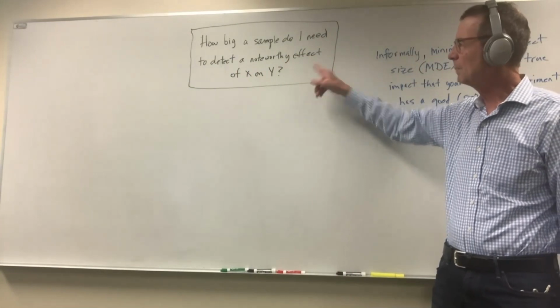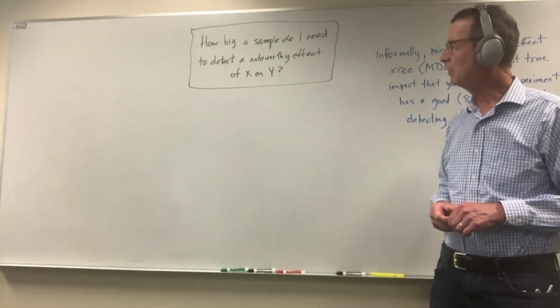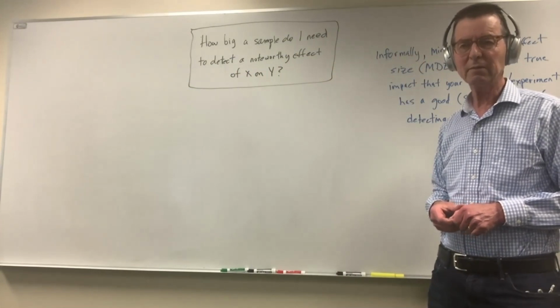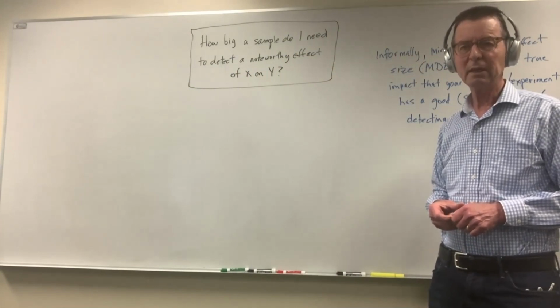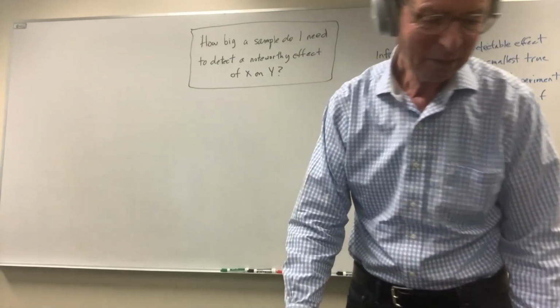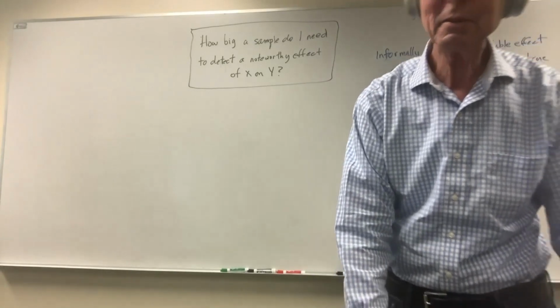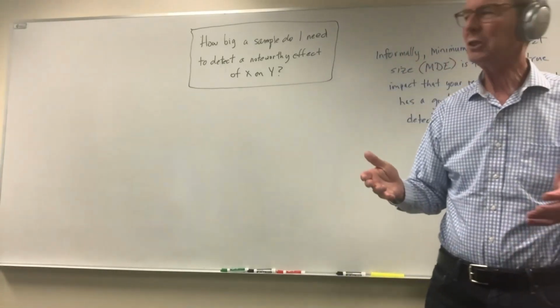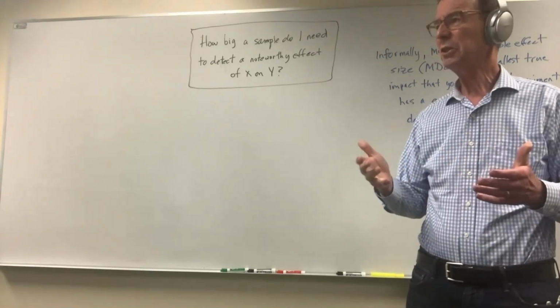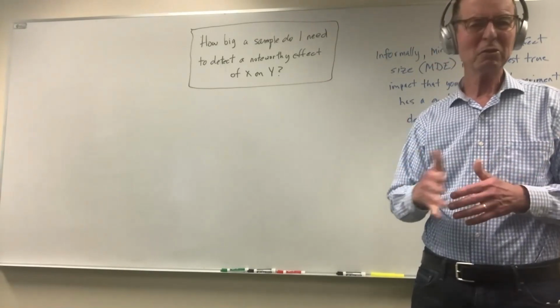And one way of thinking about the question is, how big a sample do I need to detect a noteworthy effect of X on Y? It's an incredibly important question. Let's say you have a great idea for some sort of classroom intervention, and you run the intervention, you do random assignment, it's just perfect.